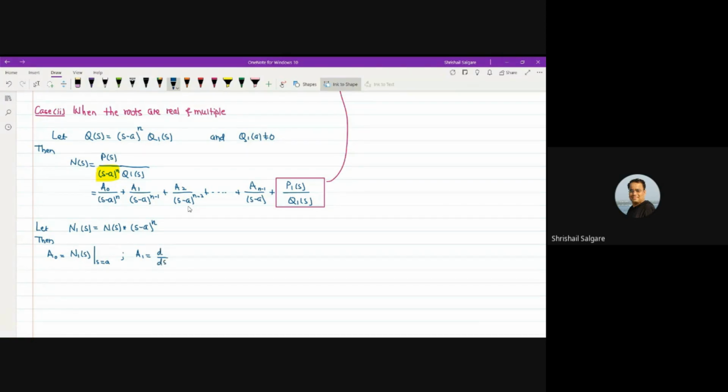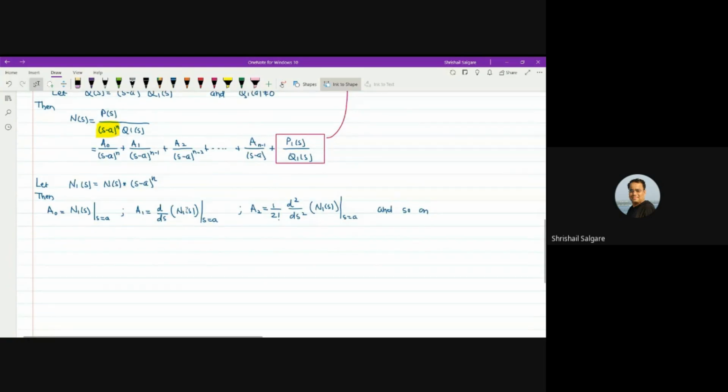You have to find the first derivative of N1 of s, and after finding the derivative, substitute s equal to a. Next, the term a2 is given by 1 upon 2 factorial times the second order derivative with respect to s of N1 of s, at s equal to a, and so on.